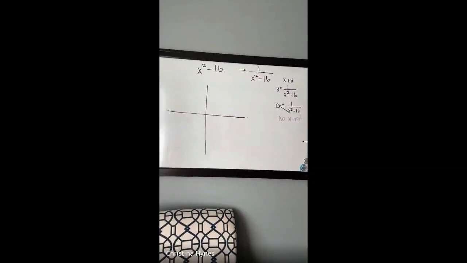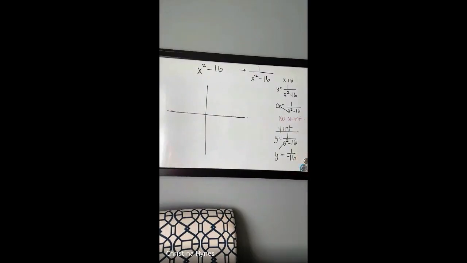The next one we want to find is the y-intercept. For the y-intercept, you set x equal to 0. So you go 0 squared minus 16. 0 squared is 0, so that's gone. So y is going to be equal to 1 over negative 16.